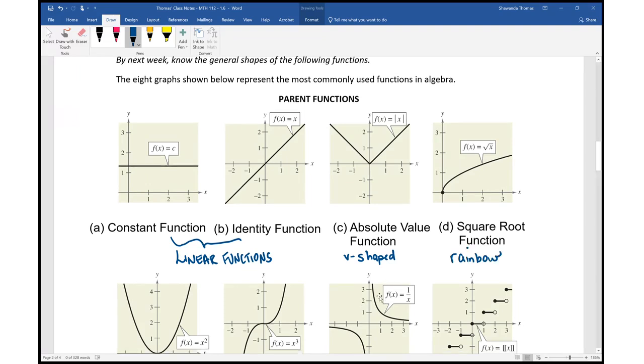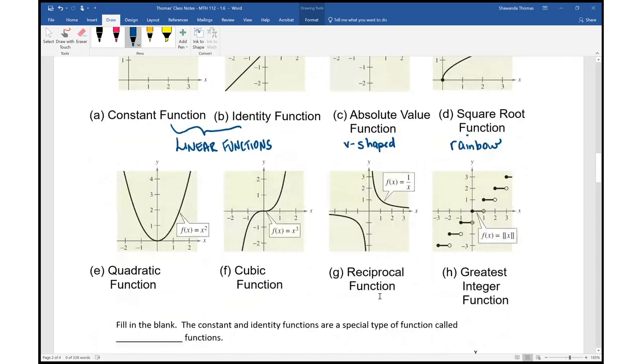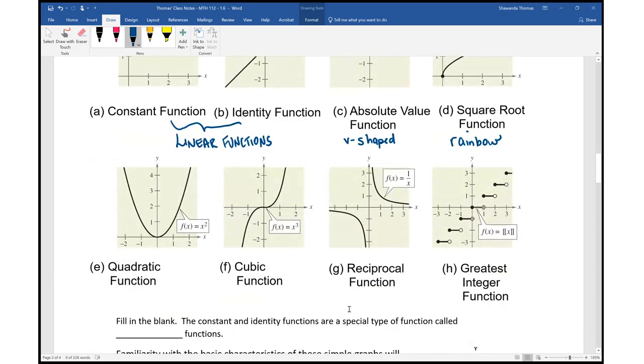Next, we have the quadratic function. The quadratic function, as you can see, is a parabola. Put that word down. This shape is called a parabola, but obviously it is U-shaped. It's a U-shaped function. That's f of x equals x squared, the quadratic function.